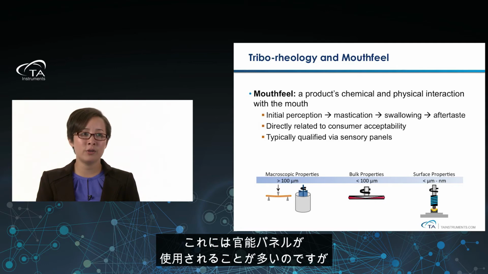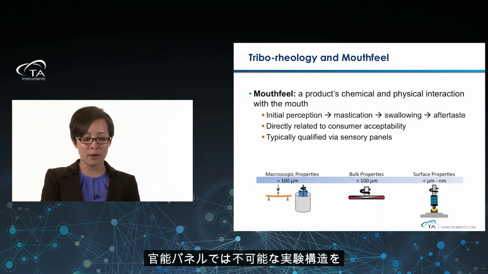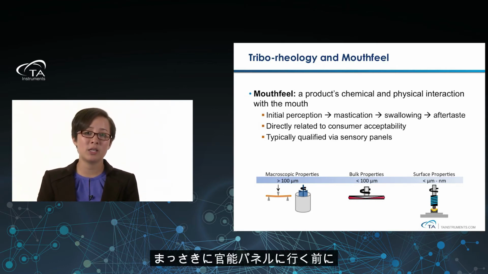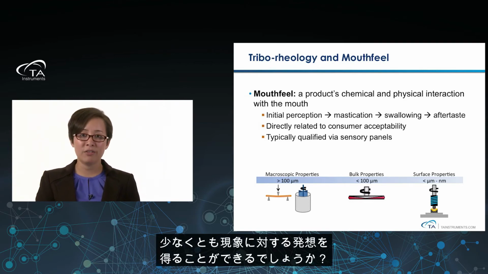Oftentimes these are qualified using sensory panels, but the question is, is there a way that we can use tribology to not necessarily get rid of sensory panels, but to maybe weed out some formulations that may fail in a sensory panel? So without having to go straight to the sensory panel, can we use tribology to quantify mouthfeel or at least get some idea of what's going on?